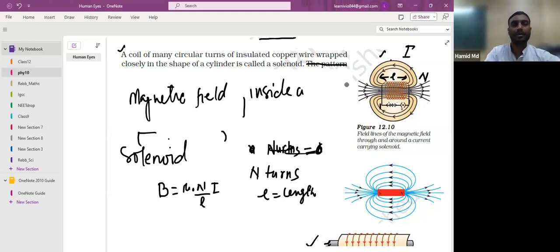So remember this directly. I saw somewhere in numericals, even in class 10th, they are asking about the magnetic field.